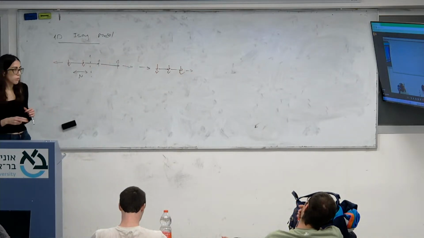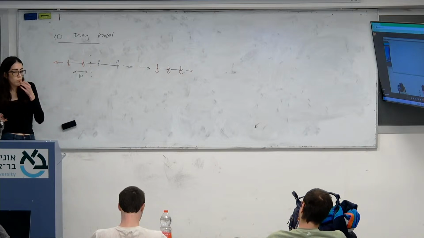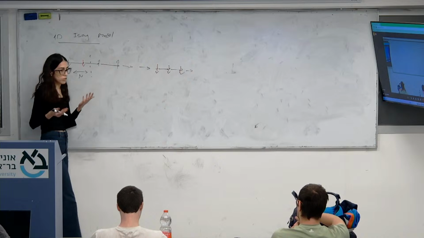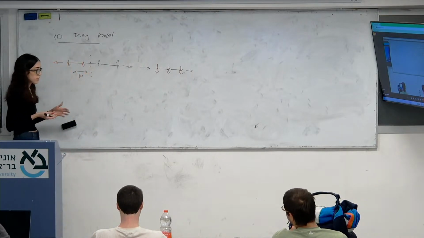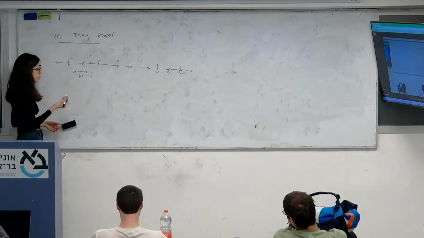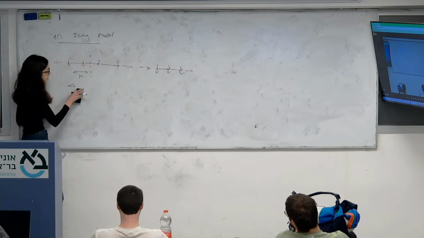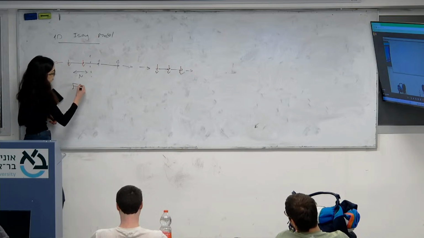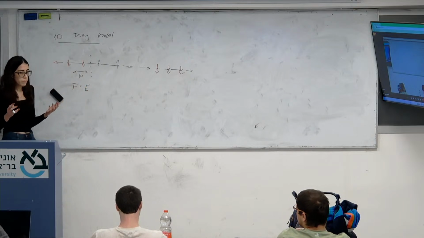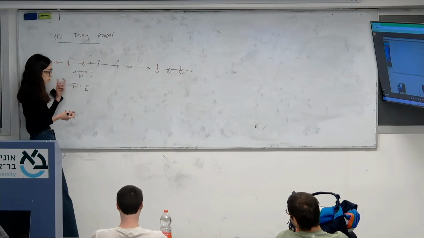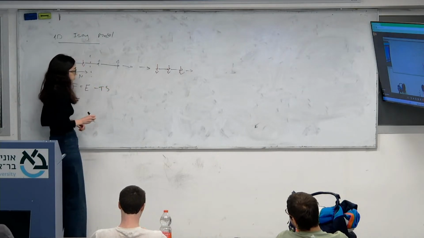The condition for that to happen is what we want to see in physics in general: we want to minimize the energy. Specifically here, we're going to look at the free energy. The free energy includes the regular energy that we know from the Hamiltonian, which we're going to see exactly what it equals to, and the entropy.